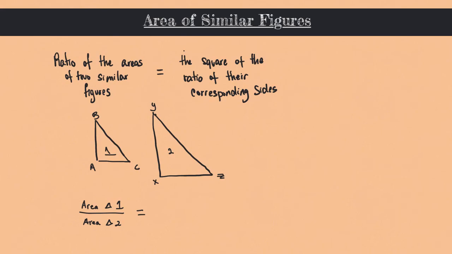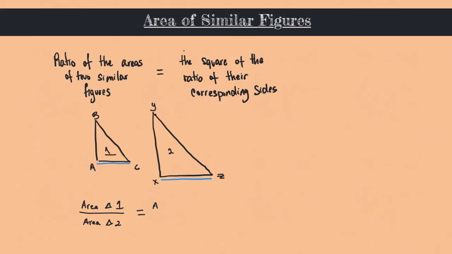So let's go ahead and look at the corresponding sides of our two triangles here. Now, when we talk about corresponding sides, remember we're talking about the sides that are in the same relative position. So for example, AC and XZ are both the bases of our similar triangles.